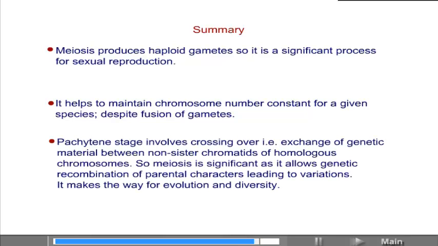The pachytene stage involves crossing over, that is, exchange of genetic material between non-sister chromatids of homologous chromosomes. So, meiosis is significant as it allows genetic recombination of parental characters, leading to variations. It makes the way for evolution and diversity.